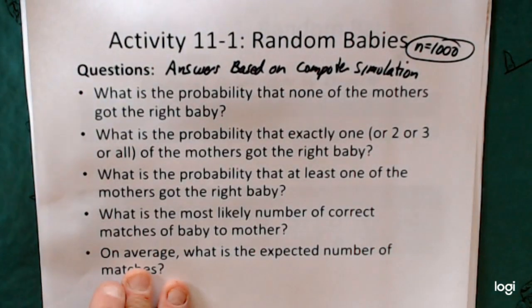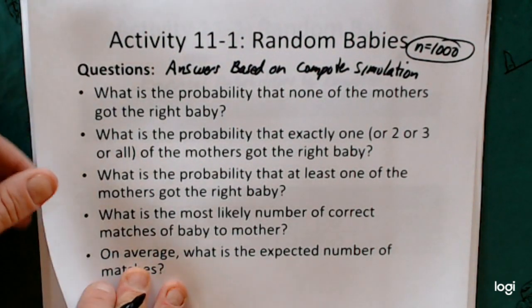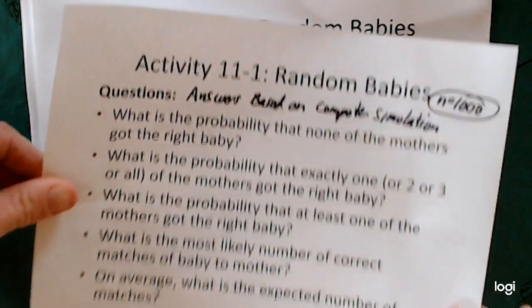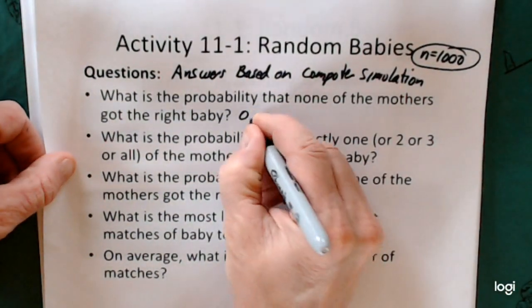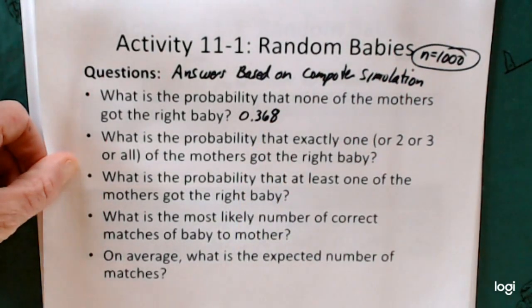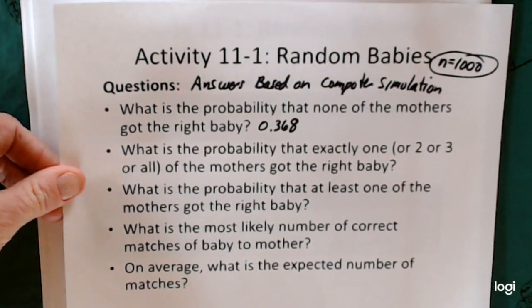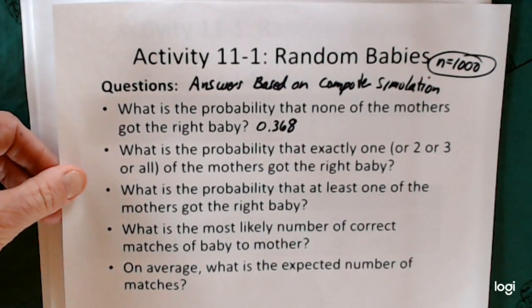What's the probability that none of the mothers got the right baby? Well, 0.368. Okay. Empirical probability.